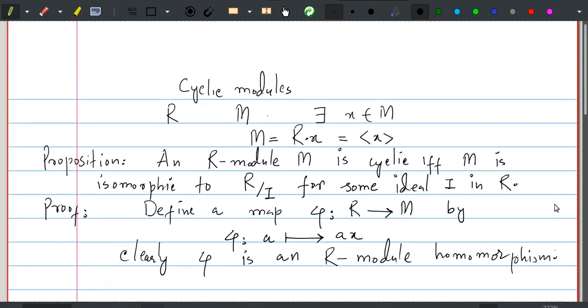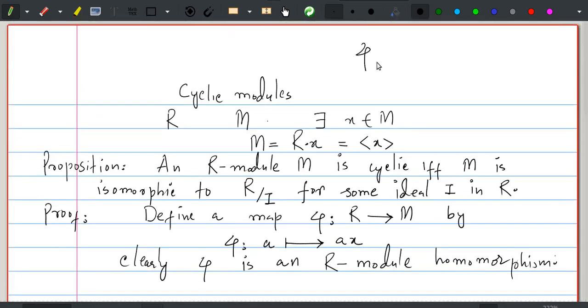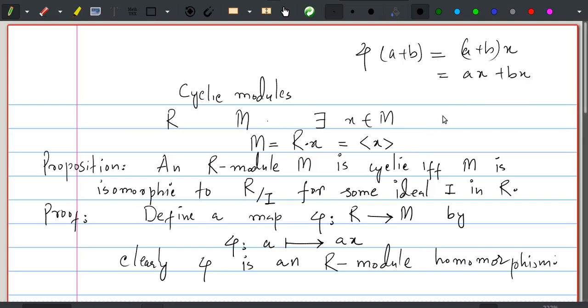One can see here, if I take two elements A and B in R, then phi of A plus B goes to (A plus B) X. Now using R module properties of M, this is equal to AX plus BX, because the scalar multiplication of module M is compatible with the addition in the ring R. So this is phi of A plus phi of B. So here we note that phi is additive.